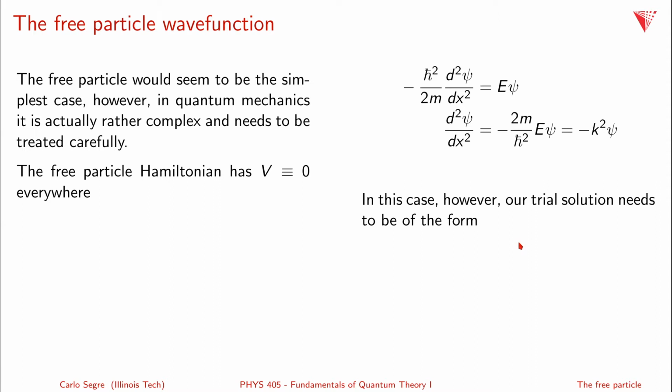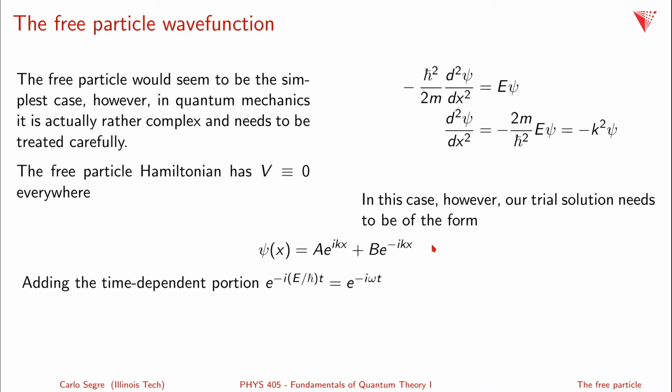We could choose the sines and cosines, but the exponential forms are better for a free particle for reasons that we'll see in a minute. So we're going to choose psi of x is equal to A e to the ikx plus B e to the minus ikx. So these are complex exponentials with a change in sign, but they're both just complex exponentials.